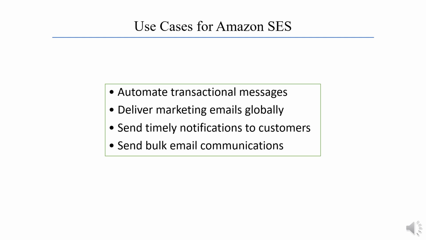Send timely notifications to customers. Send customers timely notifications about their interaction with your products and services, including daily reminders, weekly usage reports, and newsletters. Send bulk email communications. Deliver messages, including notifications and announcements, to large groups and track results using configuration sets.